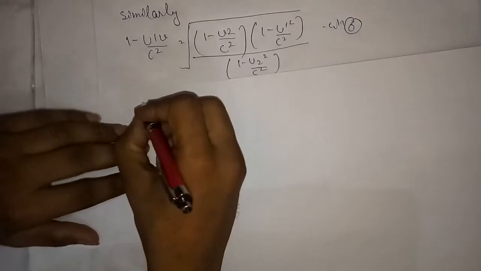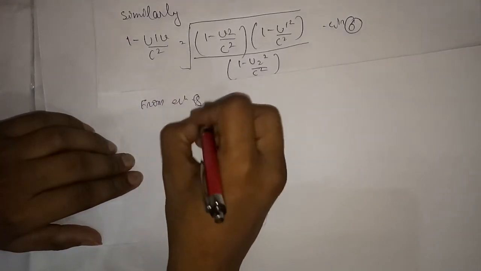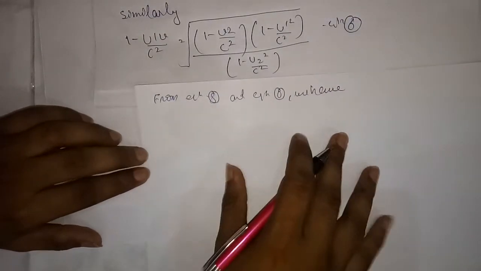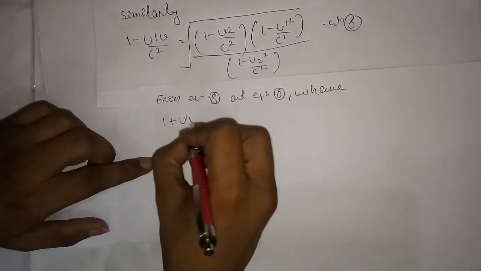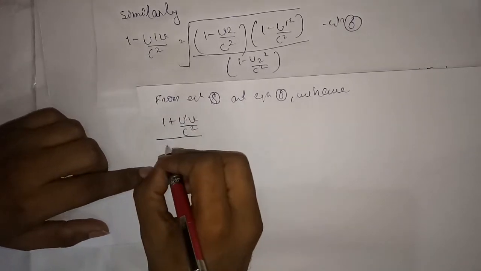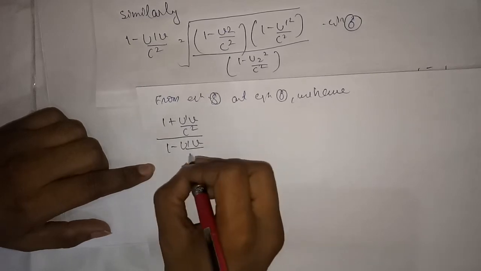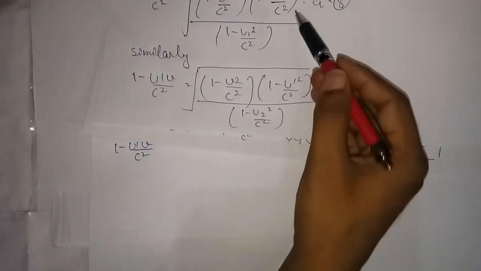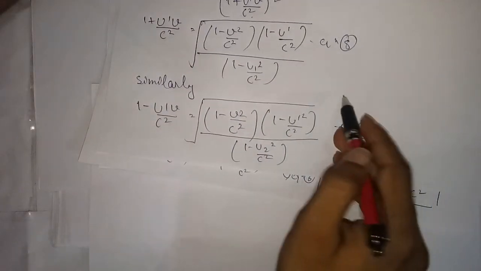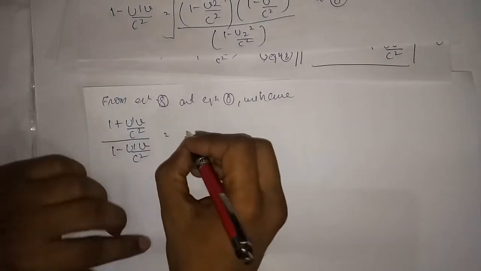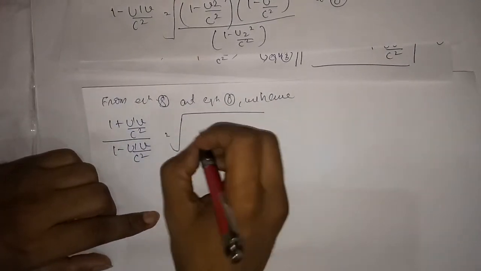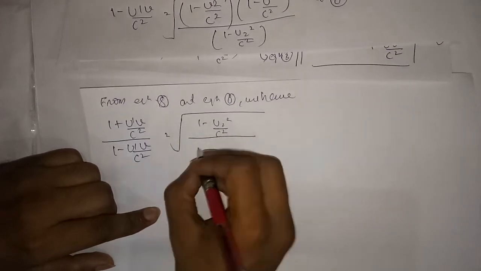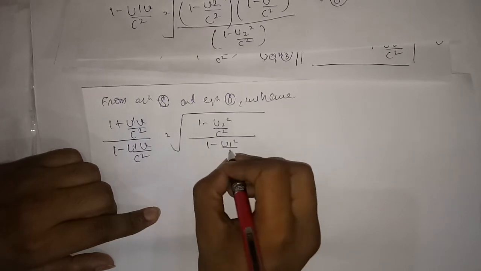So from equation 5 and equation 6 we have 1 plus u dash v upon c square divided by 1 minus u dash v upon c square equal to, gentlemen, as both of them have the same numerator, it will cancel out and we are left with under root 1 minus u2 square upon c square whole divided by 1 minus u1 square upon c square.